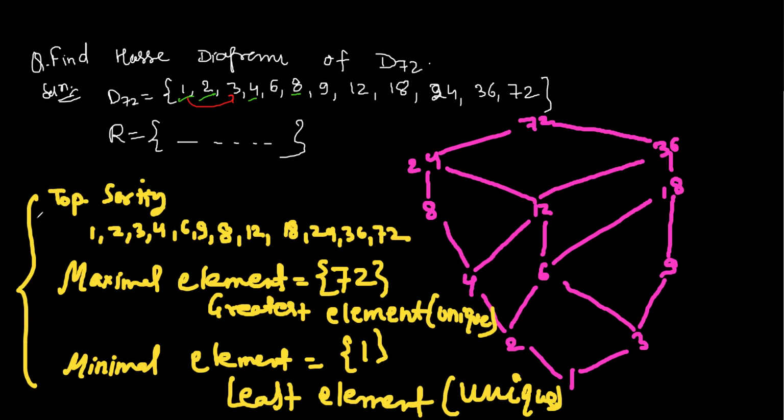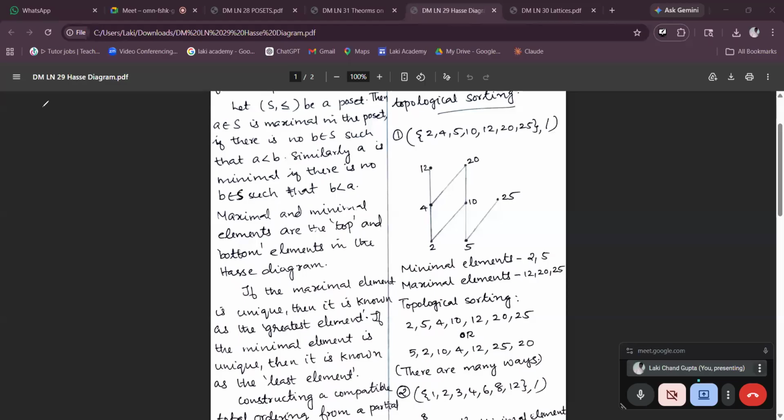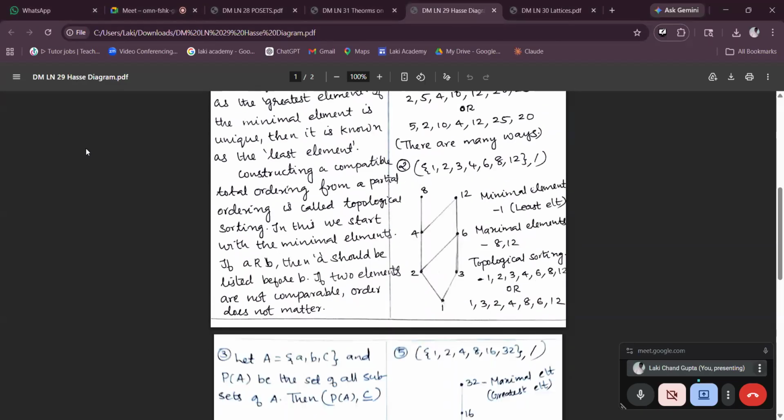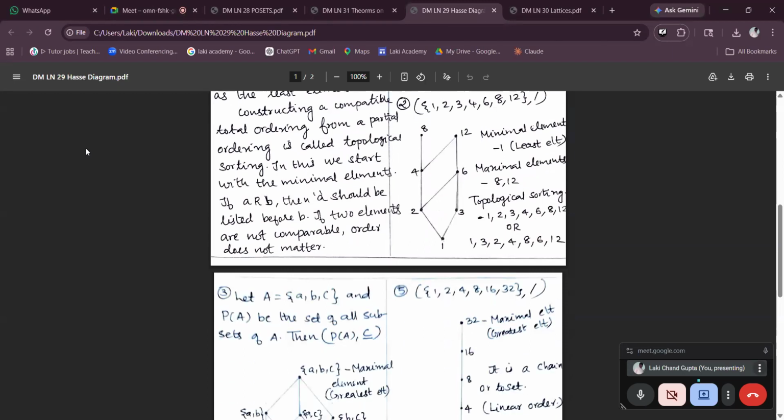Now see this graph. Can you tell me what is the greatest element in this graph?